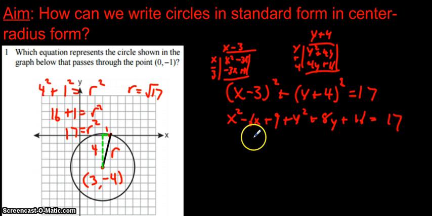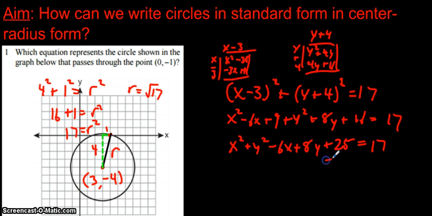Standard form would be to have the two square terms, the two linear terms, equals a constant term. So rearranging this a little, we get x squared plus y squared minus 6x plus 8y plus 9 and 16 is 25.